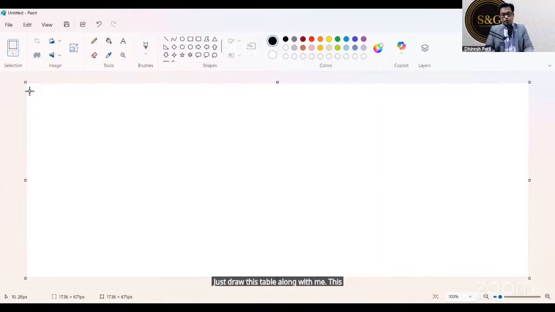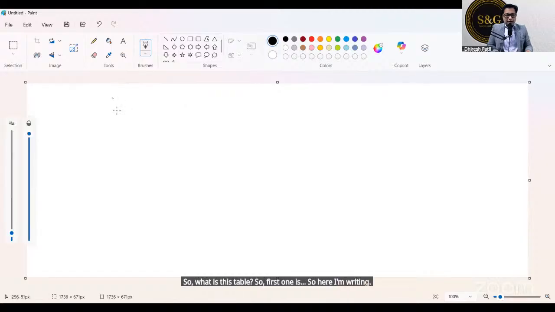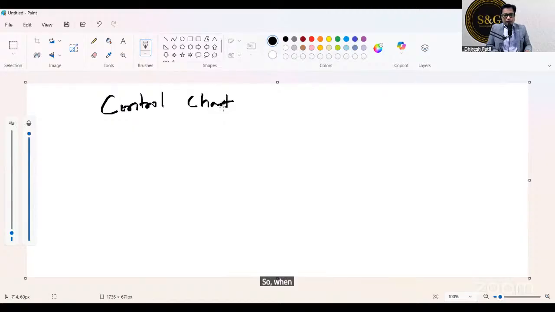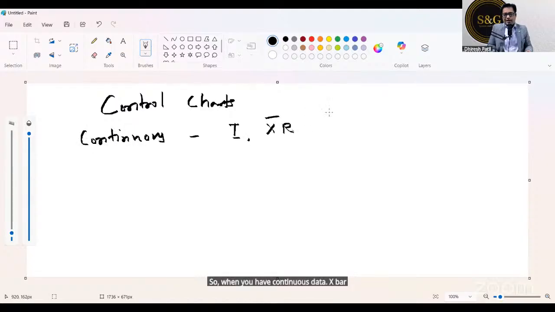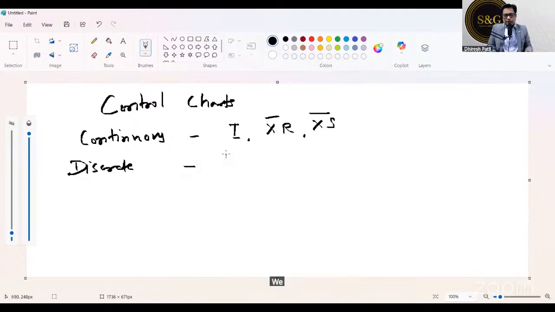Here I am writing the control charts. When you have continuous data, X bar R chart, X bar S chart, and when we have discrete data, we have P chart, C chart, U chart, NP chart, etc.